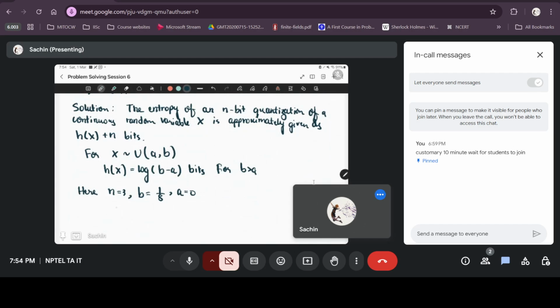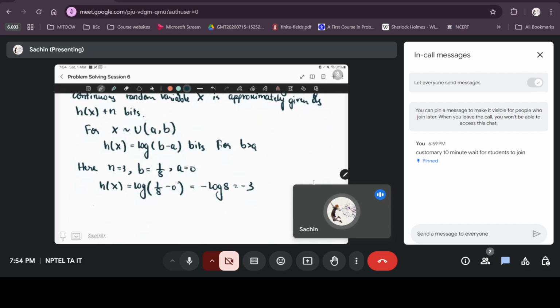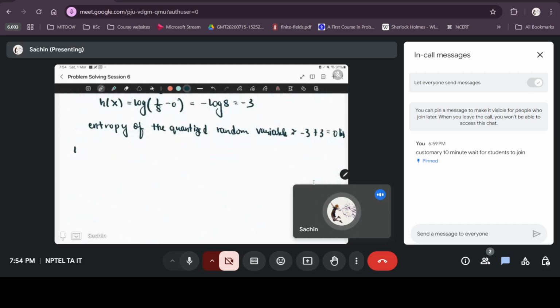Therefore, h of x is log of 1 over 8 minus 0, which is minus log 8, which is minus 3, and the entropy of the quantized random variable is approximately equal to h of x plus n, which is minus 3 plus 3, which is 0 bits. So the right answer is option B.